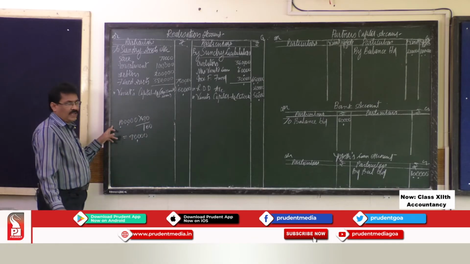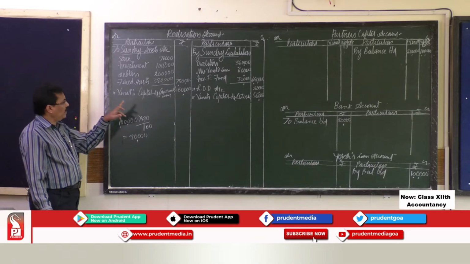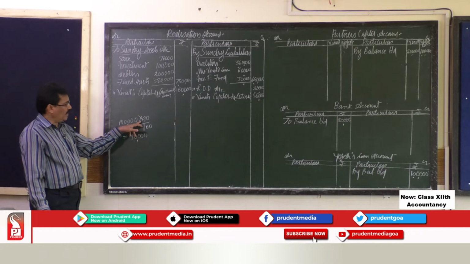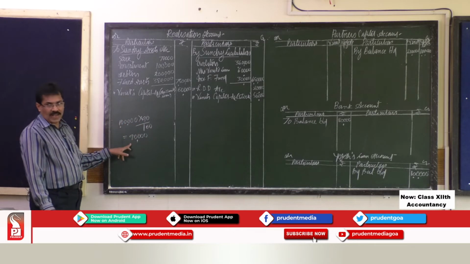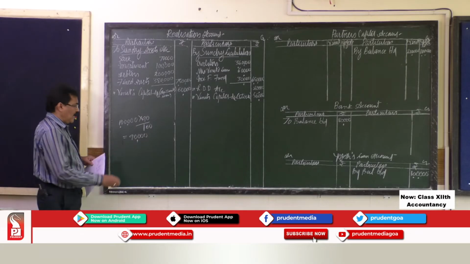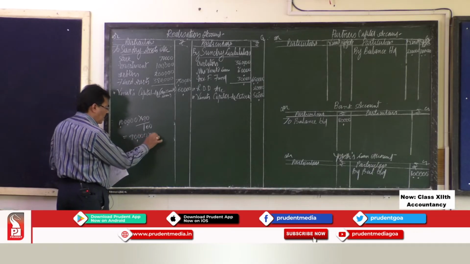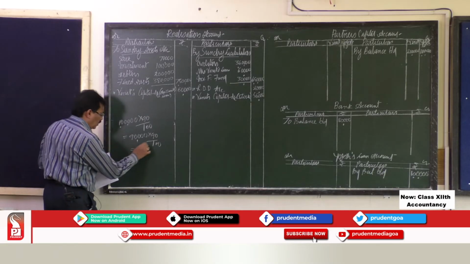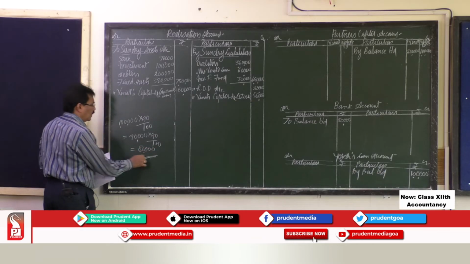He didn't take the full investment, he took only 90% of 1 lakh, but this he took at a discount of 10%. So, discount of 10% means he took it for 90%. So, 90% of this gives you 81,000.